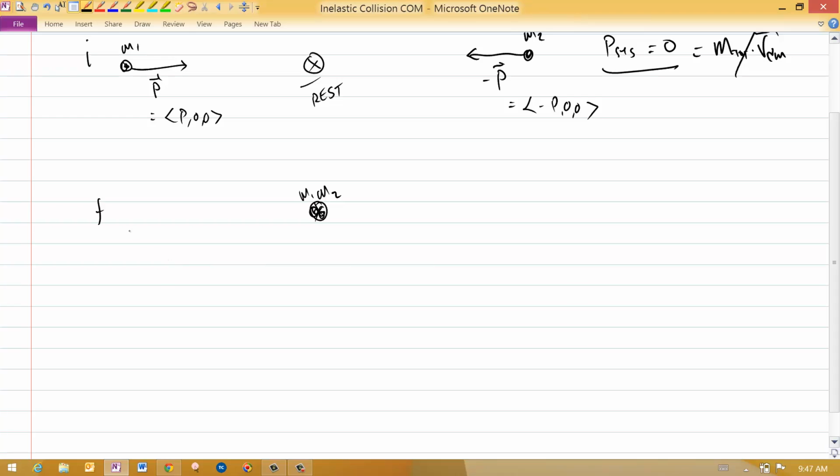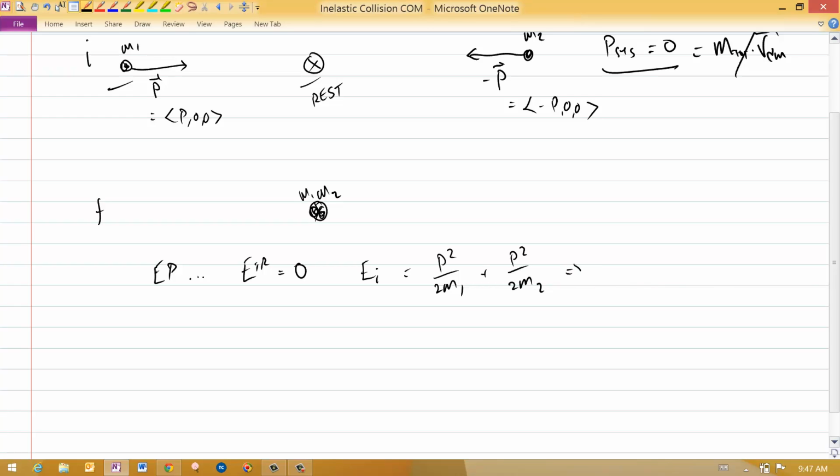So from the point of view of the energy principle, the translational energy in the center of mass frame is always 0. So the initial energy of the system is entirely kinetic, translational energy for the two pieces, and I can write that as P squared over 2m1, that's the kinetic energy of this particle, plus P squared over 2m2.